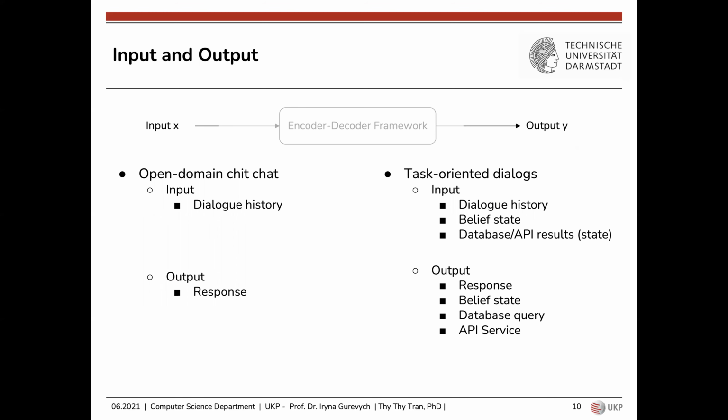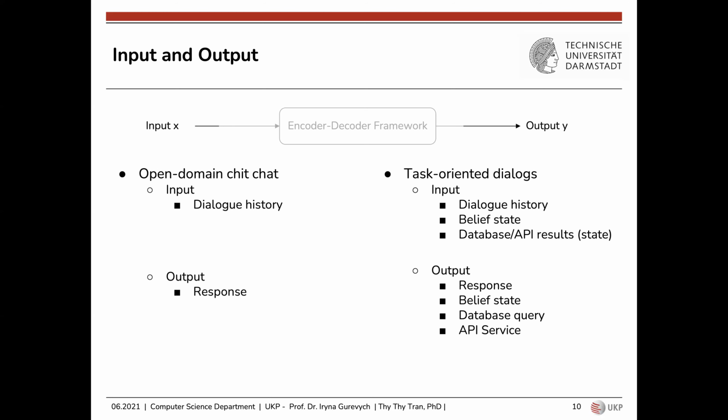Meanwhile, in generation-based task-oriented dialogue systems, input can be dialogue history, belief state, database, or API results, which I will give more details on in the next slide. And the output will be the response to the user.